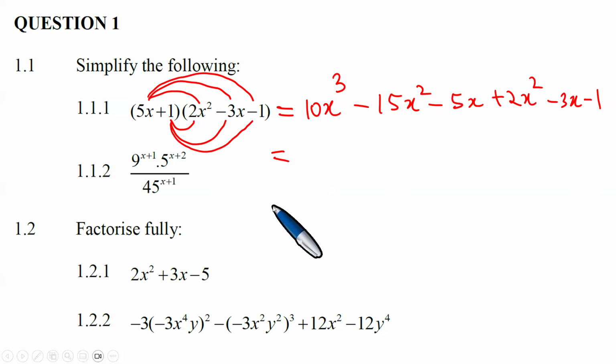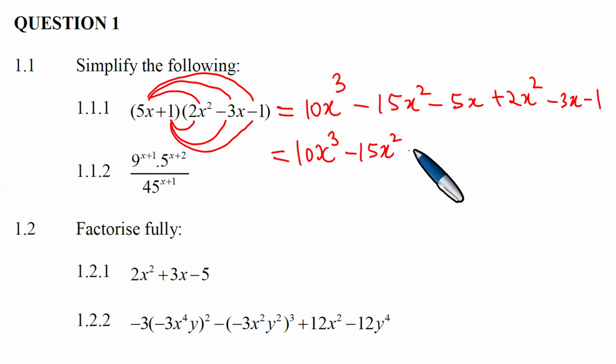What do we do next, Paul? You collect the like terms. Thank you so much. We collect the like terms. And therefore, what are the like terms that we need to collect here first? Negative 15x squared plus 2x squared, minus 5x minus 3x, minus 1.